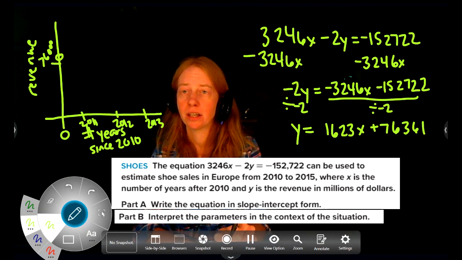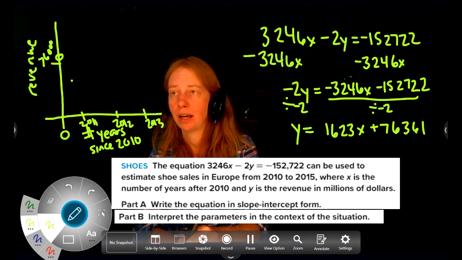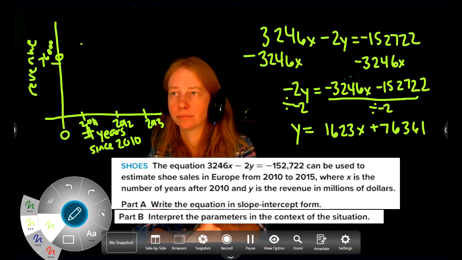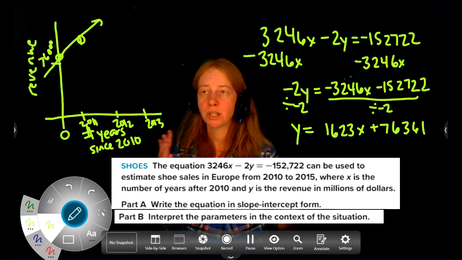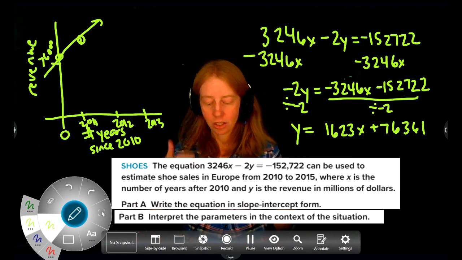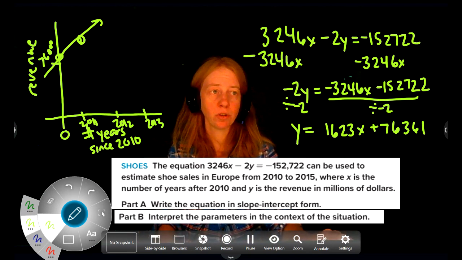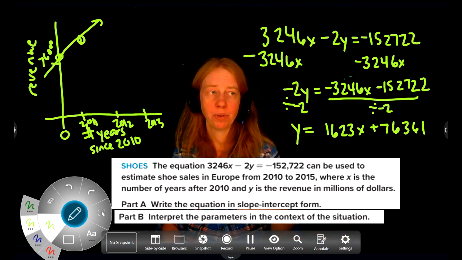Okay. And now it's going to go down 1623 over 1. So I'm not really going to draw this very well because nothing is to scale. Oops, it should be going up, right? Because it's a positive slope. Okay, so every year they sell more shoes. That should be through the dot. Okay, but at least we kind of have an idea. So interpret the parameters in context. Let's talk about what that would actually be. The 1623 represents the sale increases.